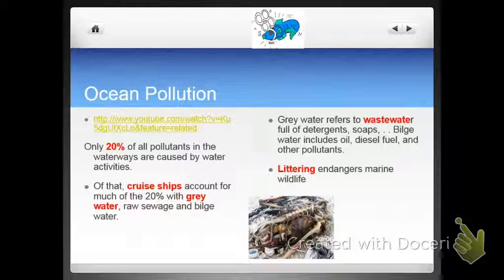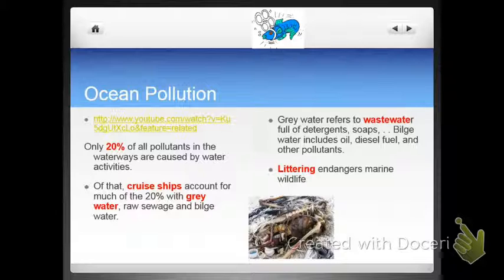It also comes from the actual mechanics of the ship. The bilge water down in the engine room includes leaking oil and diesel fuel and other chemical pollutants, and that bilge water is constantly pumped back into the ocean.